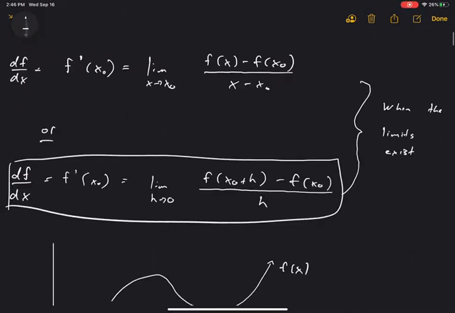We've just phrased the limit a little bit differently. The derivative at x0 is equal to the limit as h approaches 0 of f of x0 plus h minus f of x0 over h.